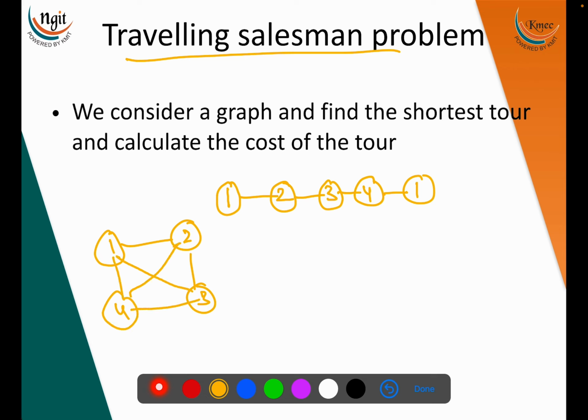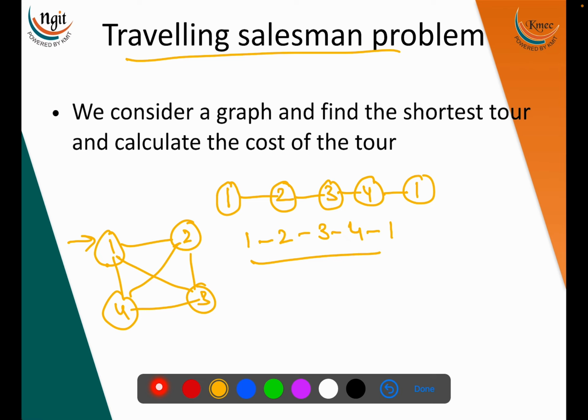The traveling salesman wants to visit all the vertices only once, not at least once, only once. When he starts the tour from the starting vertex, which is 1, he can go from 1 to 2, 2 to 3, 3 to 4, and for sure he has to come back to the starting city, which is 1. This path can be anything; whichever path is available, he'll choose.